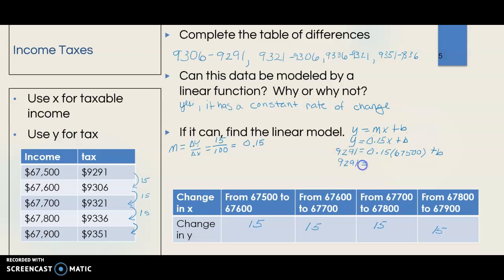And I'm using a calculator here, which I'm not showing on screen, but you can take this 0.15 times the 67,500, and that gives me a value of 10,125 plus b. And then I'll subtract this amount from both sides of my equation.